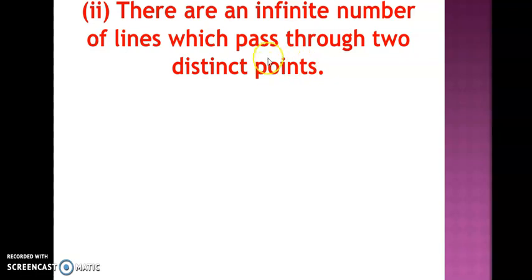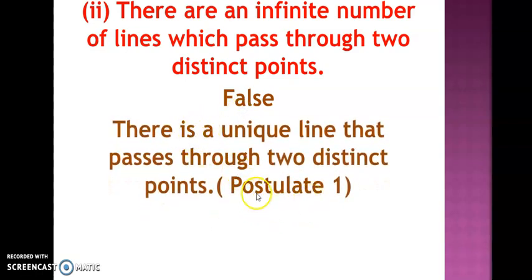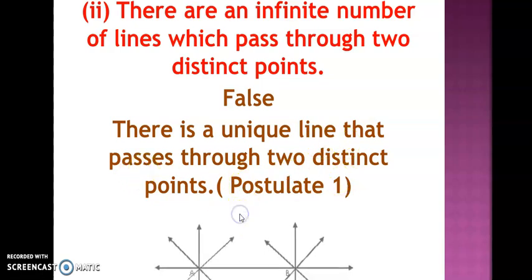And I think this statement is also false, isn't it? Yes, this statement is also false because according to postulate 1, only one line can be drawn through two distinct points, isn't it? There is a unique line that passes through two distinct points.